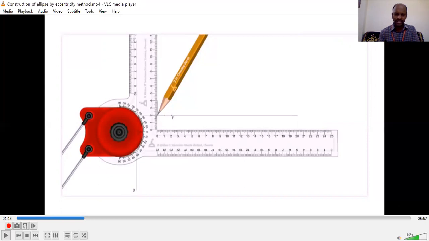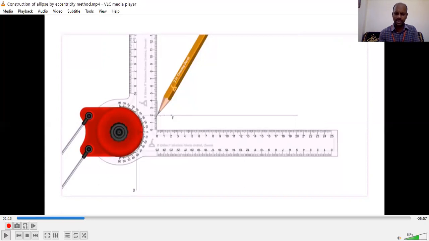Okay. Now the question is, because eccentricity is equal to 2/3, understand the ratio should be less than 1. So you need to construct this ellipse. What you have to do is take this distance 50 mm and divide it into 5 equal parts. How are we getting this 5? 2/3 is the ratio given. You have to add numerator plus denominator. So you will get 2 plus 3, 5 parts.